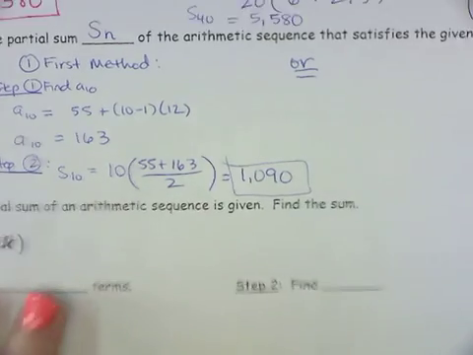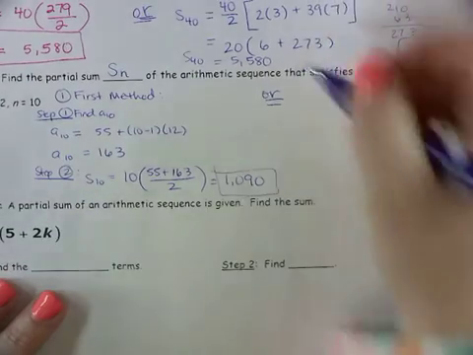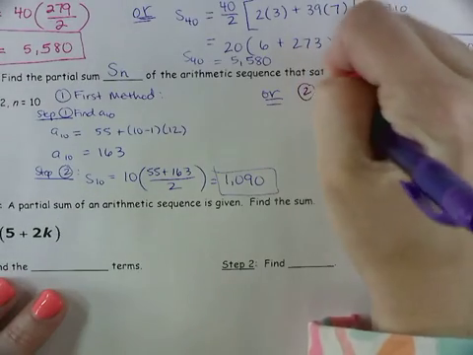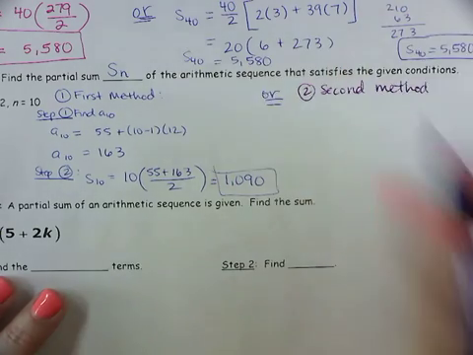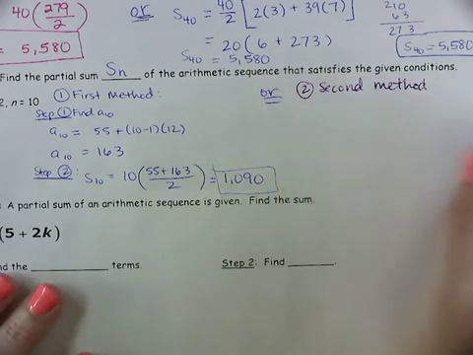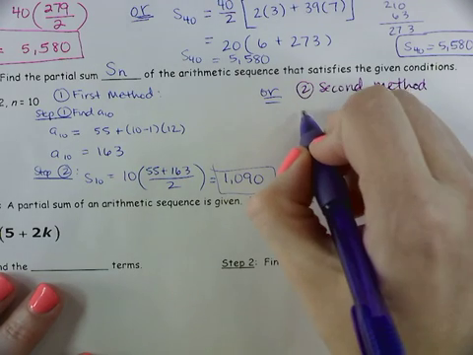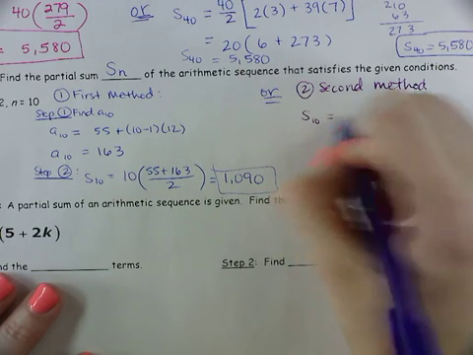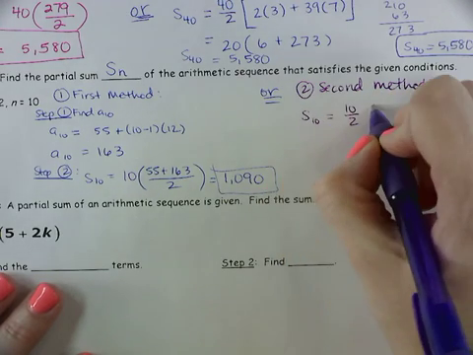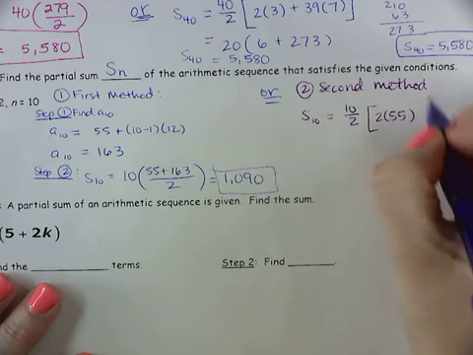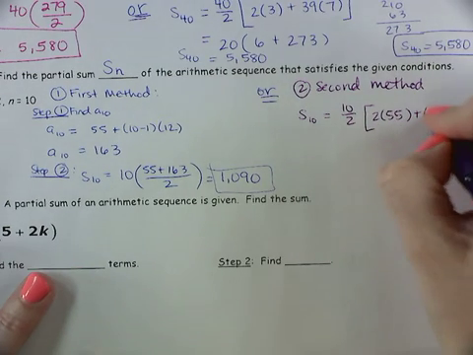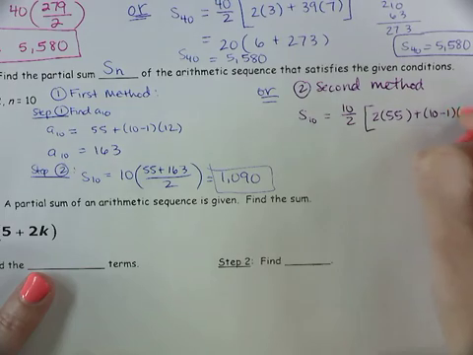Or your second method, you only have one step. Okay, and so then you'll have S sub 10 equals 10 over 2, 2 times A sub 1 plus 10 minus 1 times 12.